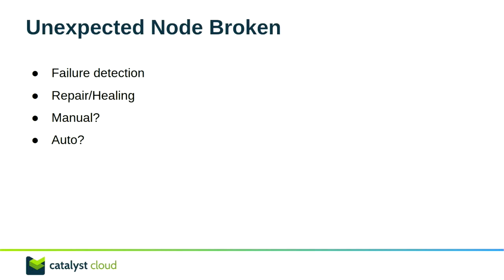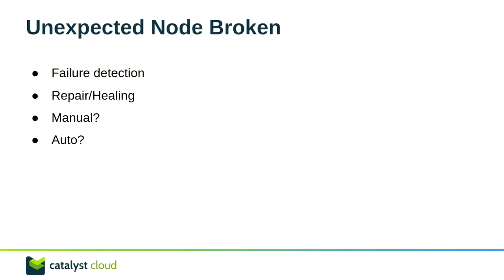The second one is repair and healing. Because our background is OpenStack Magnum, we need to make sure the new Autohealer we are working on can integrate with OpenStack correctly.